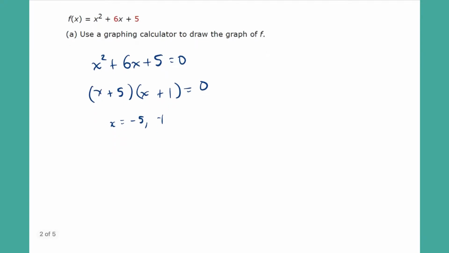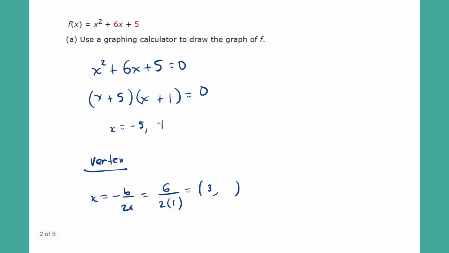And I would also recommend that you graph the vertex. The vertex is given by the formula -b over 2a. -b is the coefficient in front of the x, which is 6. So this would be -6 over 2 times the coefficient in front of x squared, which is 1. So that's going to be 6 divided by 2, which is 3.